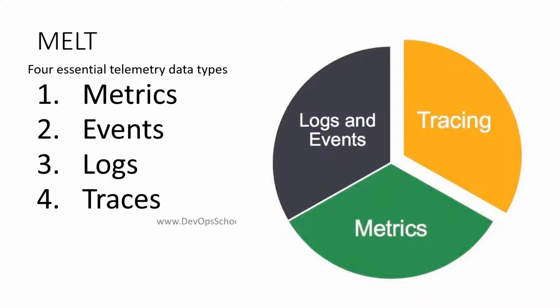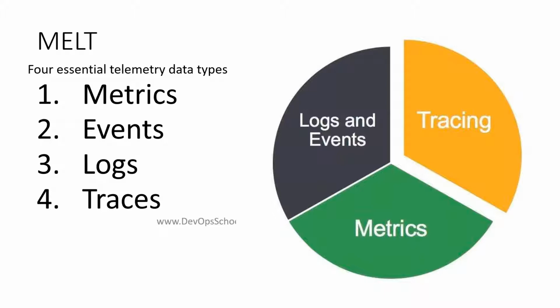For that, you need to gather the metrics. You need to gather metrics of Linux, Windows, Apache, Tomcat, MySQL. You need to gather the events also at a certain platform. You need to gather the logs also, logs of system, application, or network, and traces also.